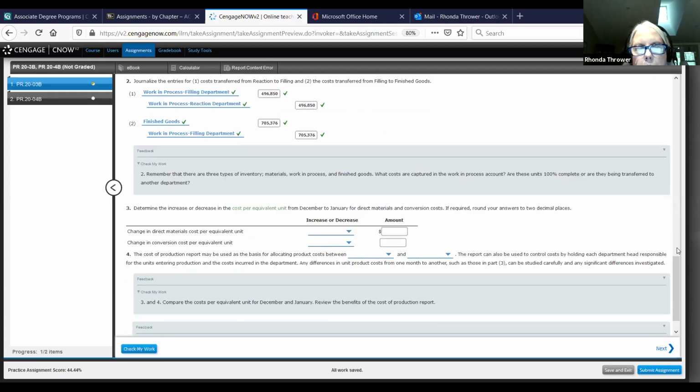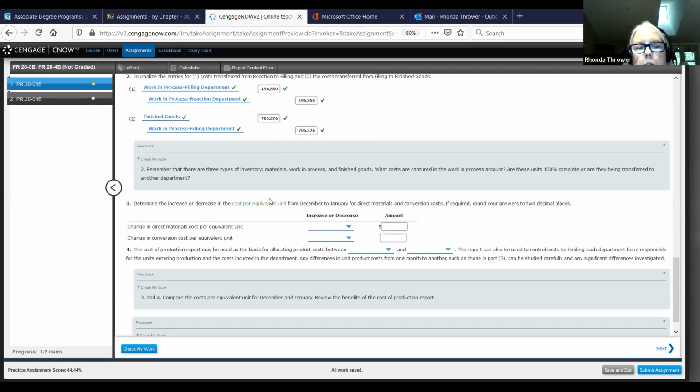And the very last part of this problem wants you to determine whether there was an increase or a decrease in the cost per equivalent unit from December to January for both the direct materials and the conversion cost.